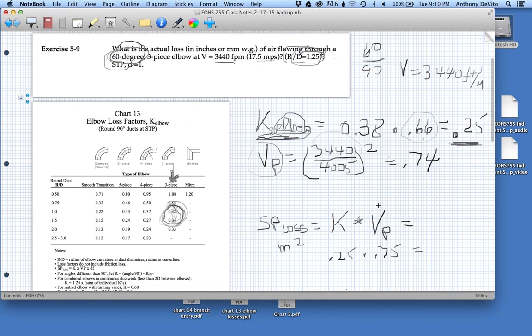I'm going to round it off to 2 decimal places because obviously this isn't the most precise. Our static pressure loss through that turn, given that velocity and that ratio of radius to diameter, is going to be 0.18 inches of water. That's what we lose through that transition that we have to make up for when we design the ductwork.